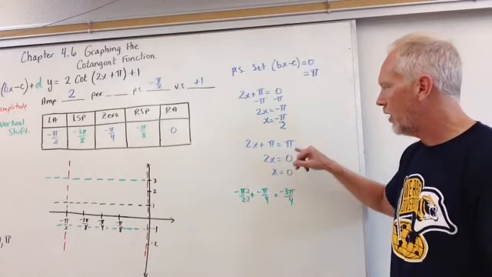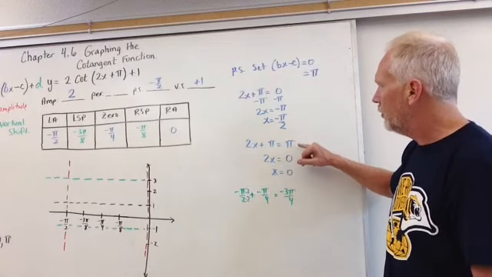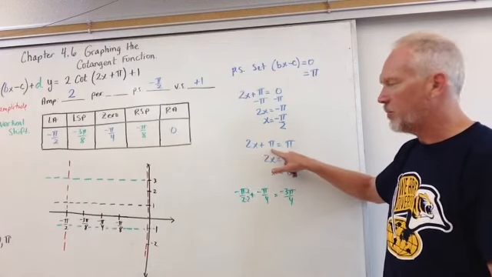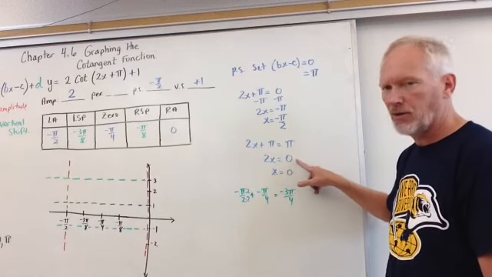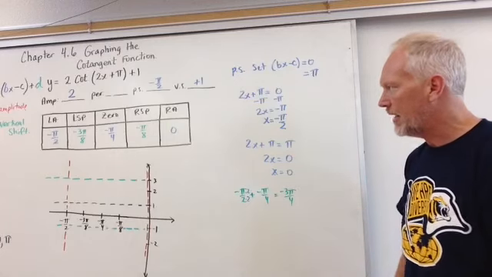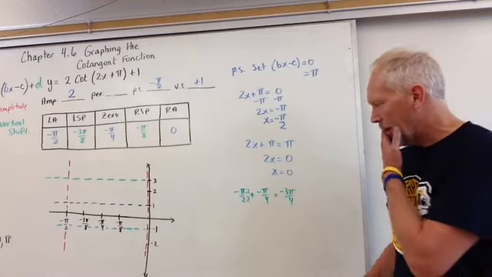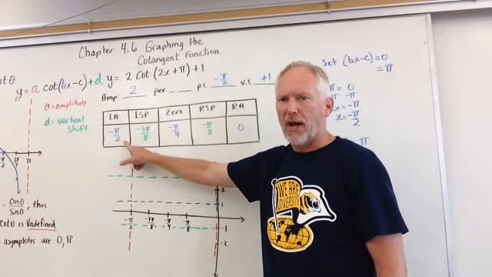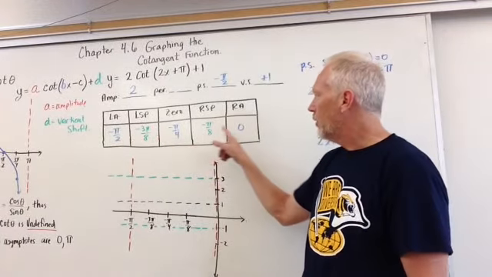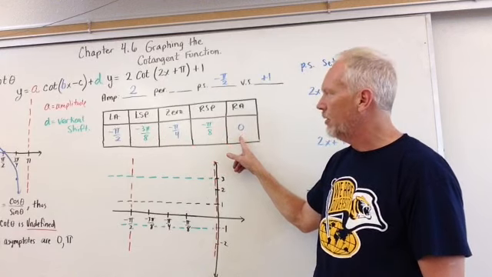For the right asymptote, we set it equal to pi. So 2x plus pi is equal to pi. When we subtract pi, that goes to 0, and so we get x is equal to 0. So we can fill those in. We've got a left asymptote of negative pi over 2, and a right asymptote of 0.